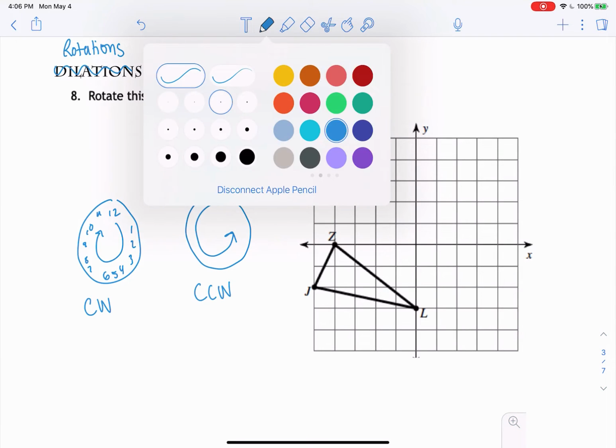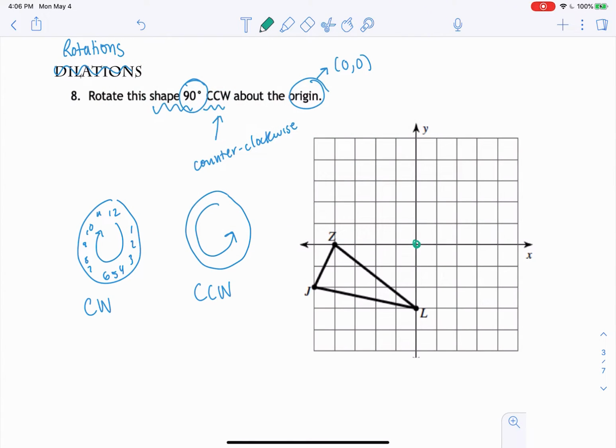So the first thing we're going to do is plot our center of rotation, which is the origin, 0, 0. The next thing I'm going to do is think about, okay, I'm going counterclockwise, so I'm going against the clock. That means I'm going in this direction. Then I have to think about, what does 90 degrees look like?